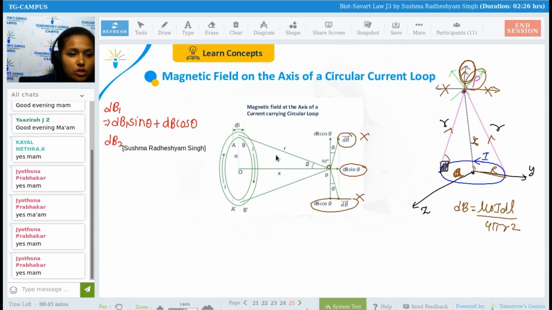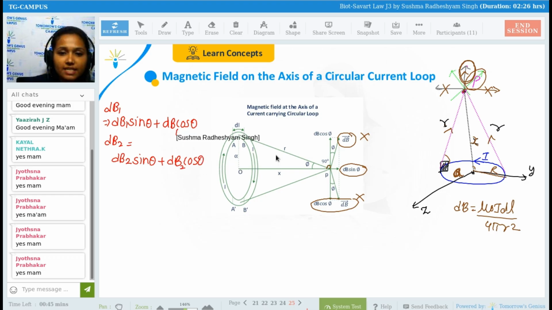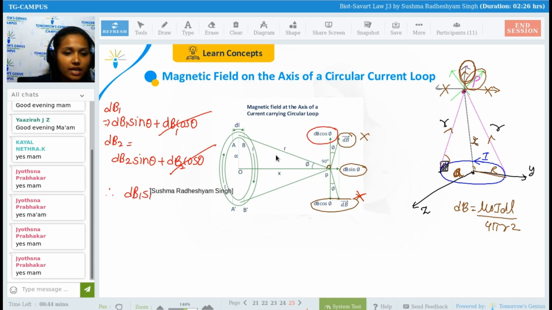Similarly, your dB2 is also resolved in 2 components, my dear student: dB2 sin theta plus dB2 cos theta. Now see, I already said this component and this component are cancelled to each other. We get simply dB1 sin theta plus dB2 sin theta, and we already said your dB1 is equal to dB2. That means we simply get 2 times dB sin theta.